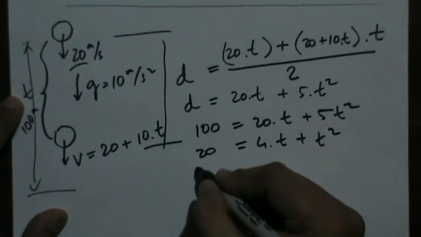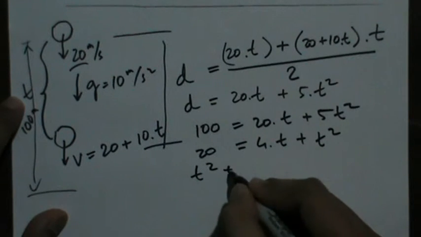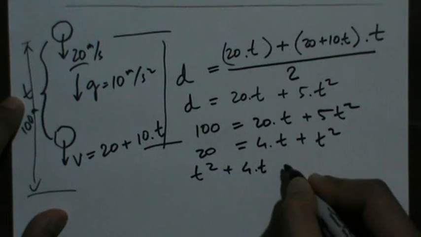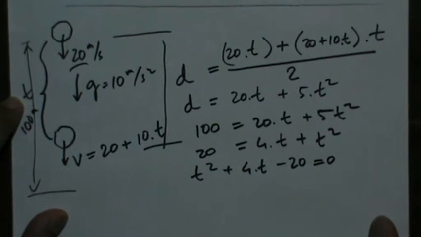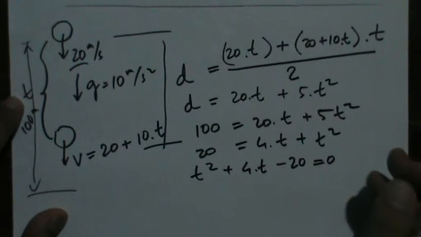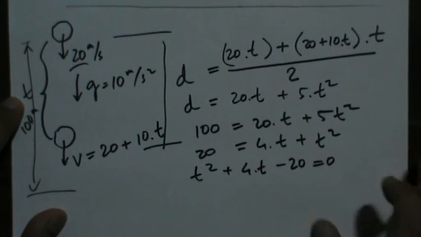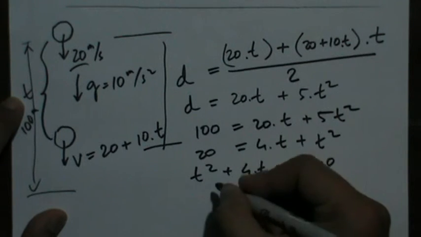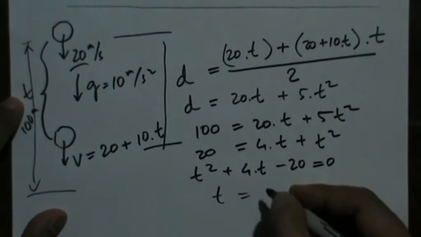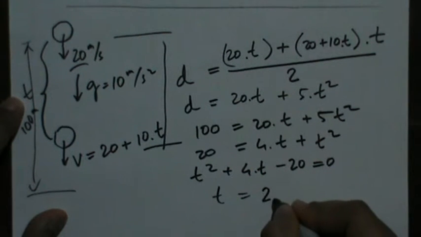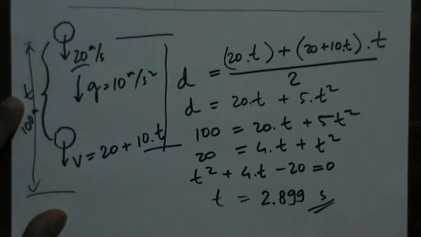And here we get the quadratic equation, t squared plus 4 times t minus 20 is 0. And by solving this equation using, for example, ABC formula, you can get that the time for the ball to travel to the ground is around 2.899 seconds.